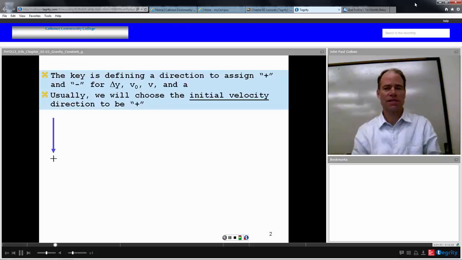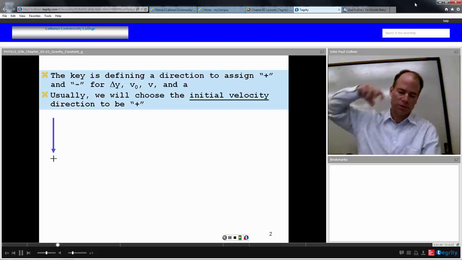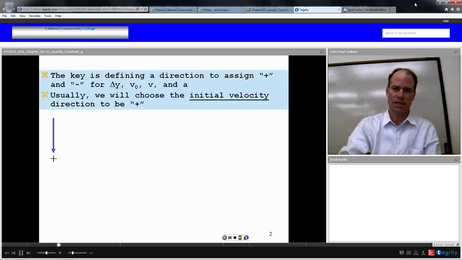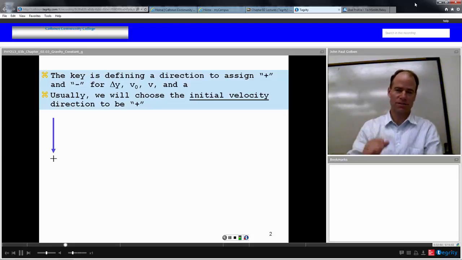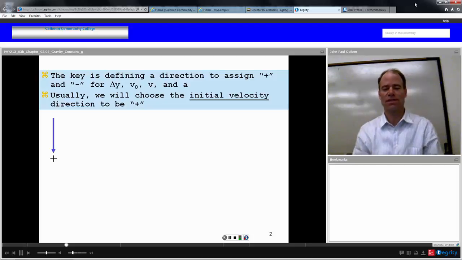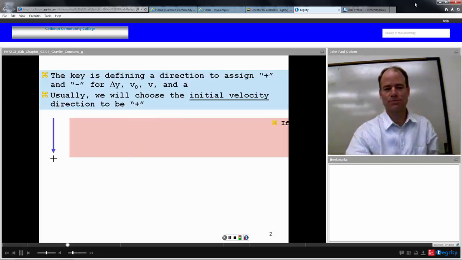And that kind of makes sense, because if gravity is pulling things down towards the center of the Earth and you throw something down with some initial velocity, it's going to increase in speed as it's falling down. So its final velocity will be greater than its initial velocity. Hence, acceleration should be a positive quantity, because it's increasing your velocity. So it all makes sense.